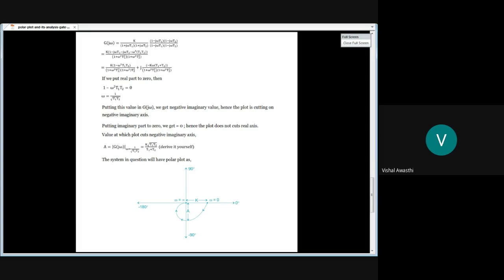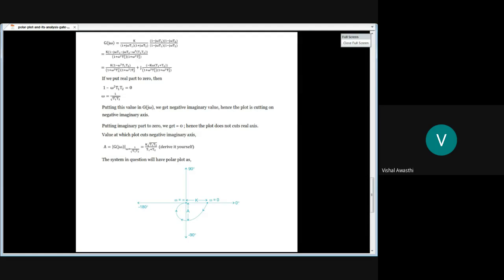So you will get omega is equal to 1 upon under root T1 T2, or omega square is equal to 1 upon T1 T2.